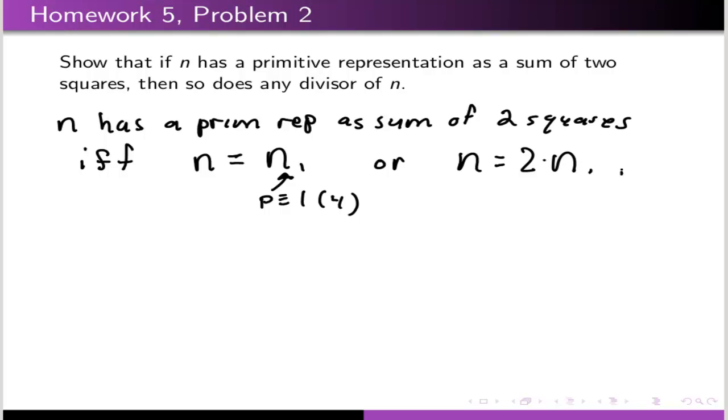I think that was Theorem 5.4.4 in the notes. If n has a primitive representation, then it must be of this type, and therefore what can you say about any divisor of n? And use the fact that this is a theorem that goes both directions.